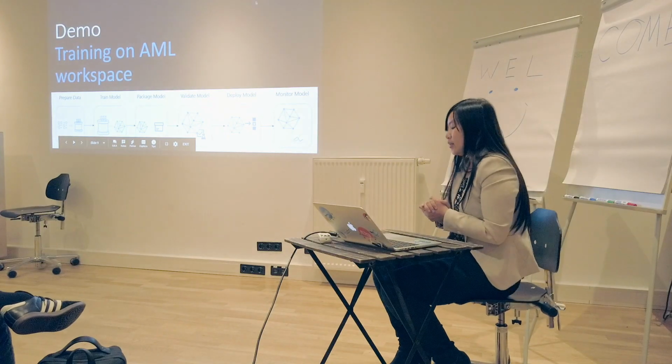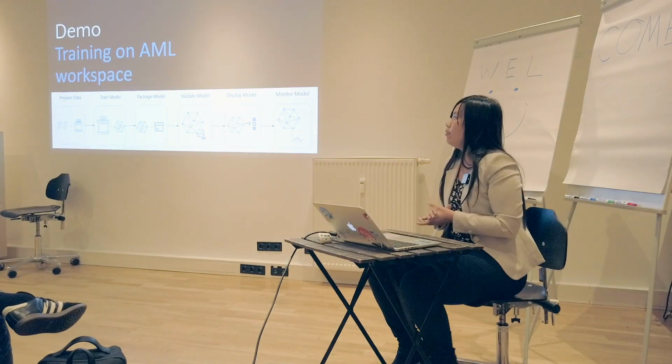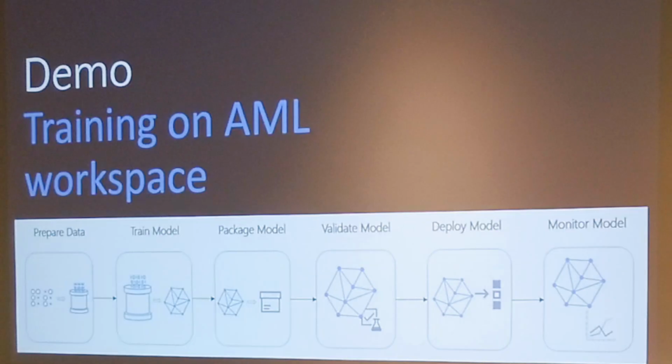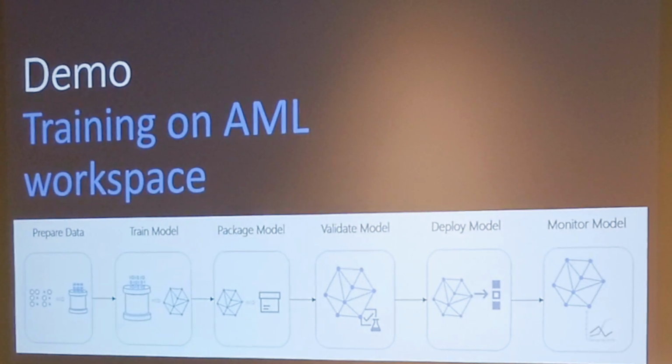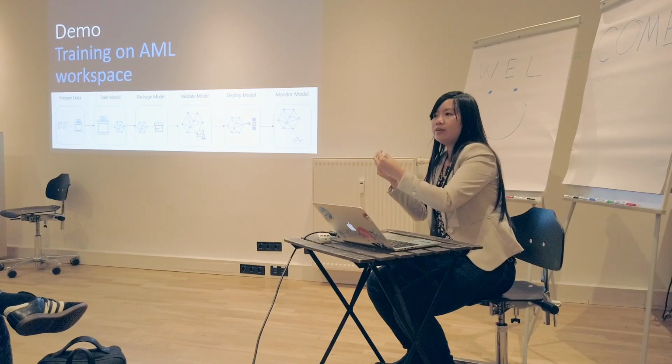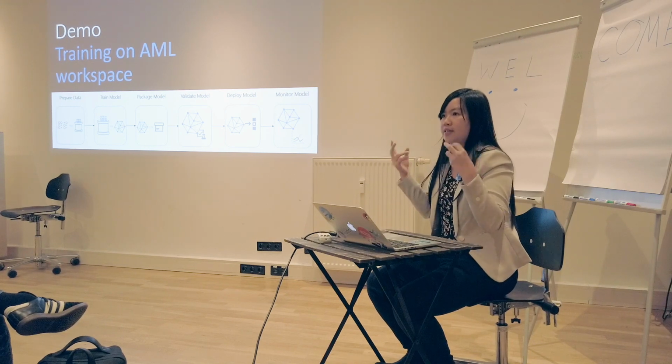So the second one is, I know some of the attendees already use the product that Christian showed before, the Azure Machine Learning Studio. If you used Azure Machine Learning Studio before, you'll find out the machine that runs it is a bit like a Jupyter Notebook. It runs on limited power.